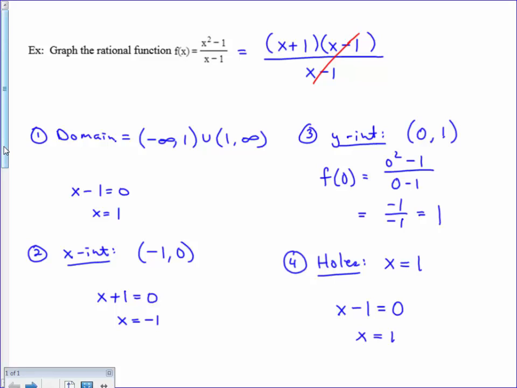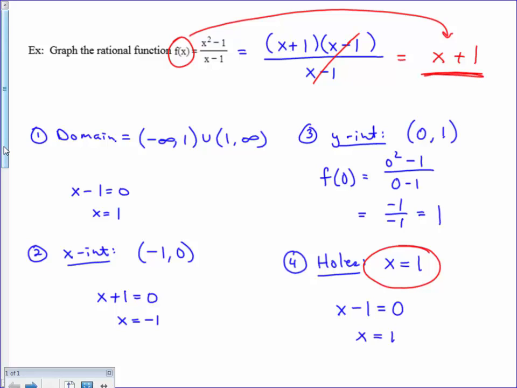Now, I said that I wasn't going to go through my entire 8 steps, and here's the reason. We see in this example that if we factor and we cancel, we're left with x plus 1. Well, the original function f of x, if you reduce it, equals x plus 1 with the additional information that you have a hole at x equals 1.